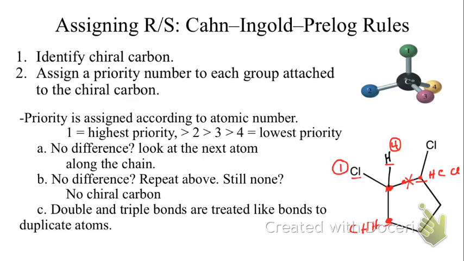Comparing, hydrogen and hydrogen have the same atomic number, which means no difference, so we eliminate that. Carbon versus carbon, also no difference. Now we go to chlorine versus hydrogen. Which one has the higher atomic number? Chlorine. That carbon must be assigned a higher priority than our other carbon. So in this case, that one becomes 2, and our other one becomes 3.